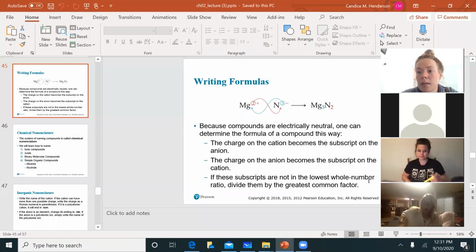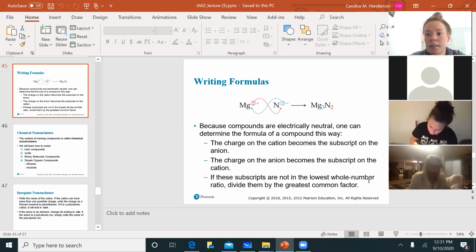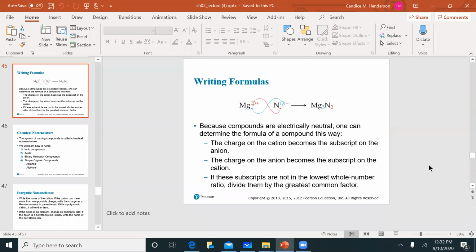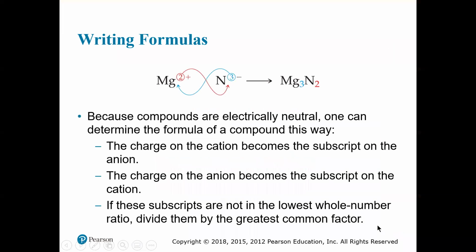So we left off talking about writing chemical formulas for ionic compounds. When we have a metal mixed with a nonmetal, that is our defining quality of an ionic compound.